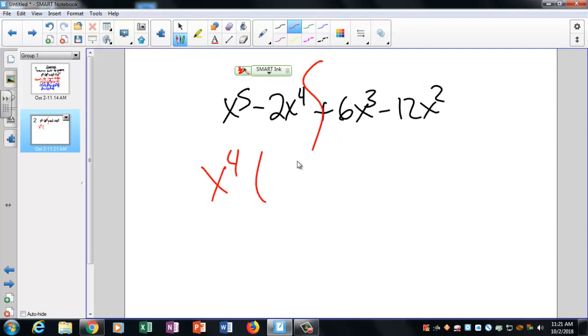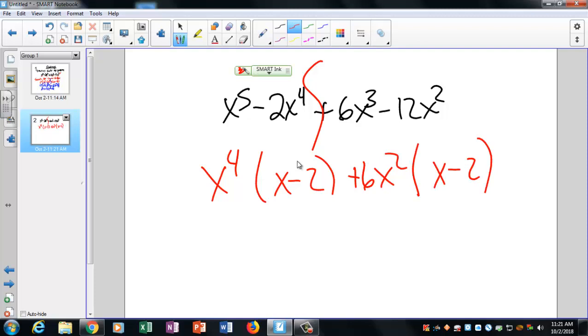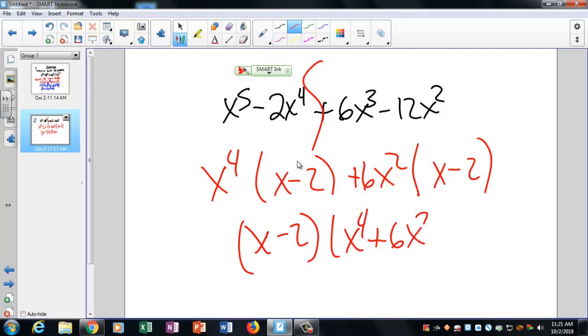Call this x to the 4th, x minus 2. Call this x squared, 6x squared, and get x minus 2 here. Then get x minus 2 times x to the 4th plus 6x squared, and then they'll swear that they're right.